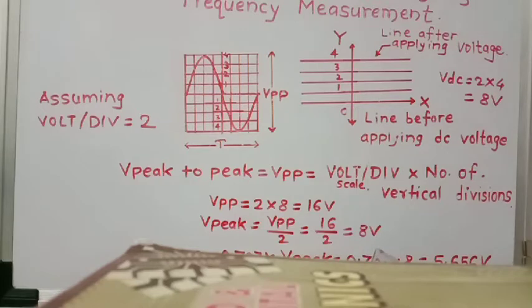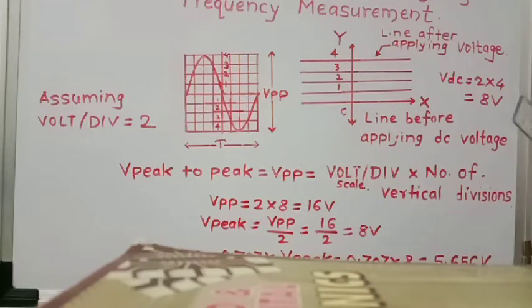The voltage measured by a multimeter is the RMS voltage, so it is equal to 5.656 volt. In this way the unknown AC voltage from the signal generator can be measured by using the cathode ray oscilloscope.